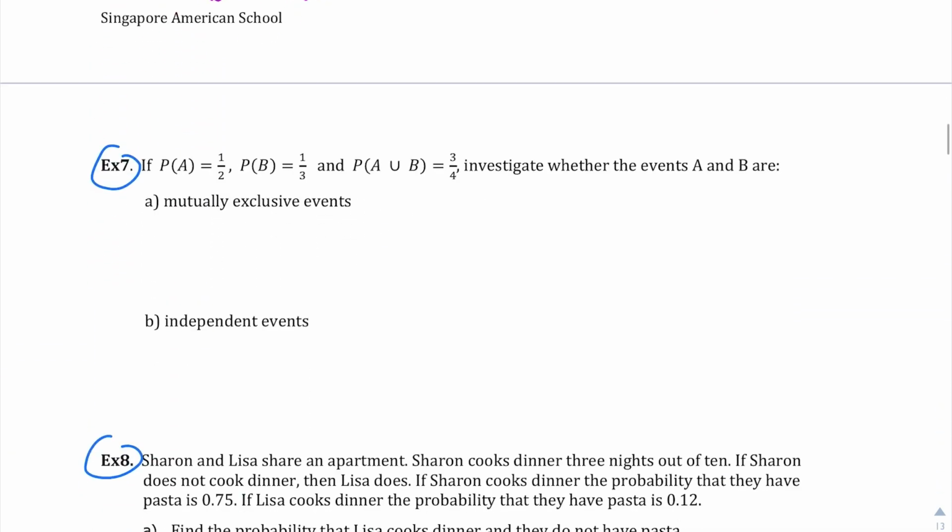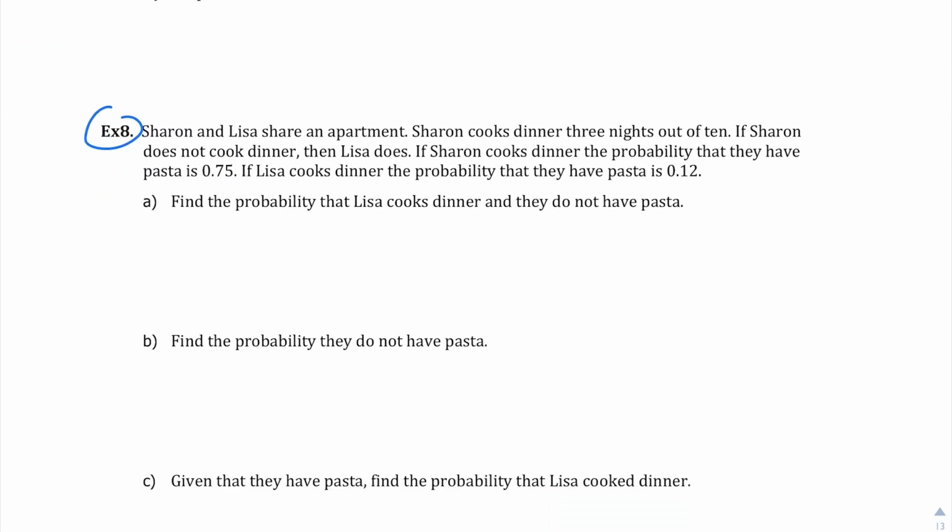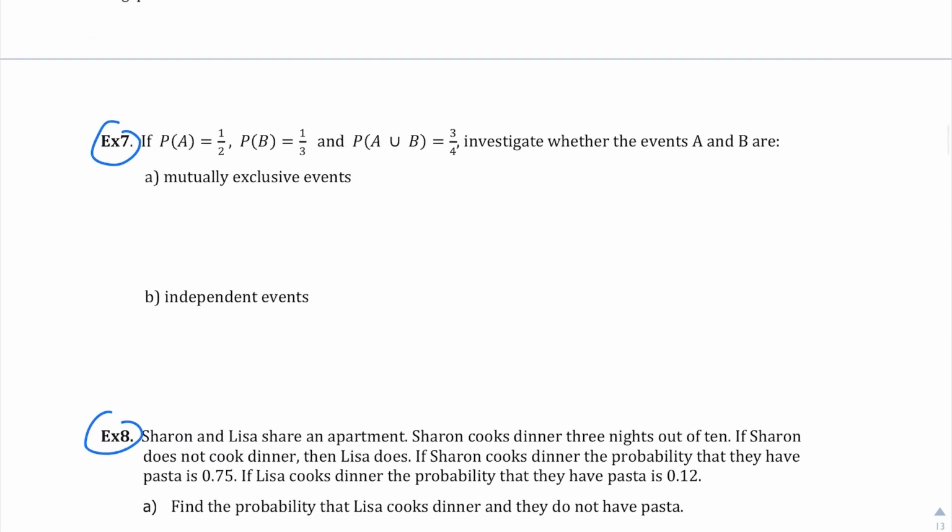Okay, and so there's a couple more questions for us to take a quick look at. And so what I'm going to do in this particular case is I'm just going to deal with example 7 as the last one. And like I mentioned before, we've got some examples which are going to be somewhat repetitive.